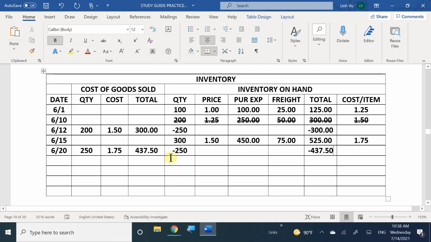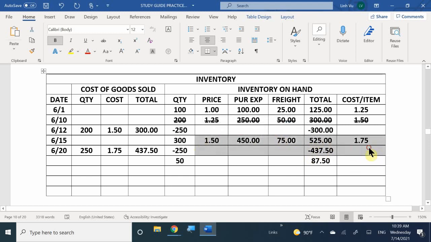So in this case, if we did our calculations, we should have 50 remaining at a total cost of, is it 87.50? Yes. And then that's multiplying the 175 by the 50? Either that or you could just take 525 minus 437.50.